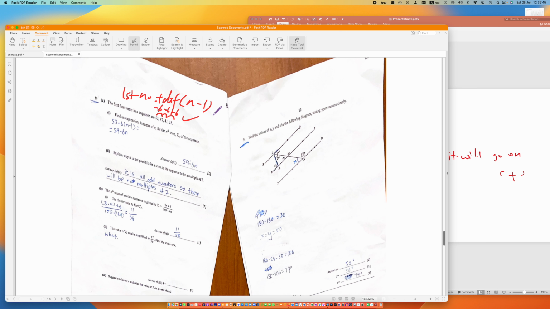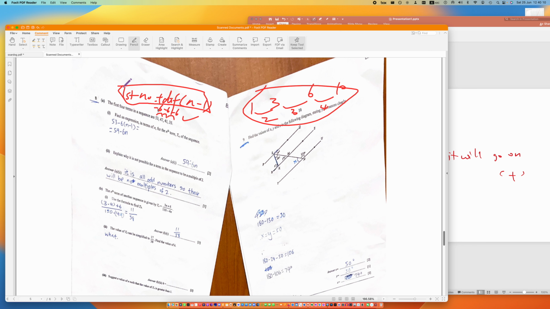Yes, same difference. If you have a different difference, what do you do? Let's say you have 1, 3, then this is 2, and this is 3. Can you use this formula if you have this question? No. Yeah, answer is no. So bear in mind, this one is only for same difference.